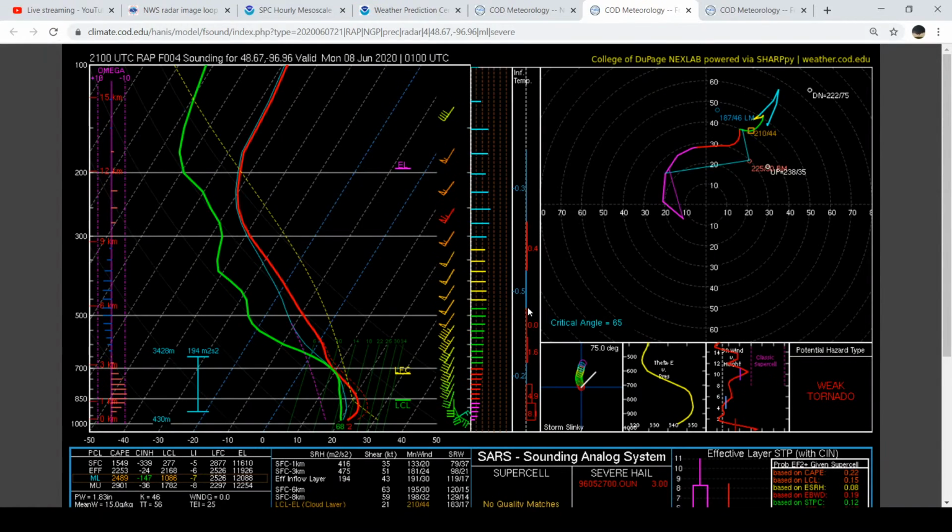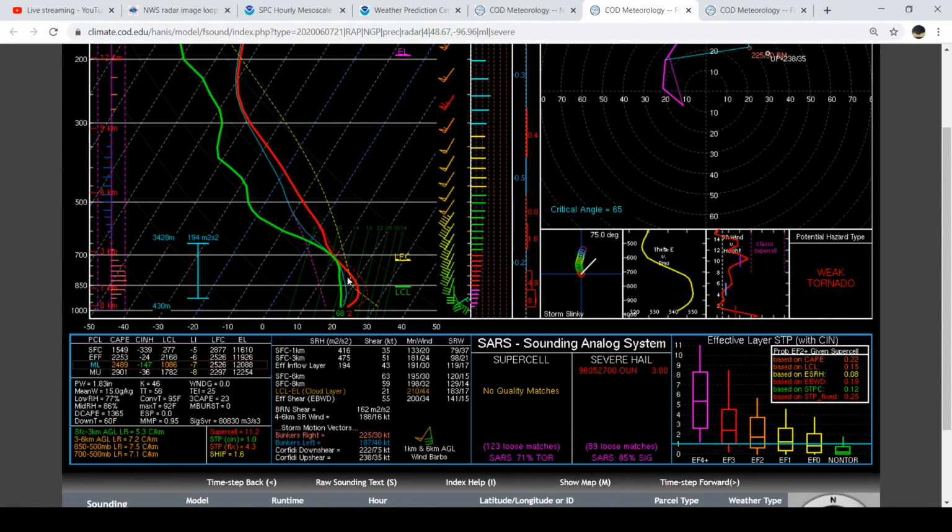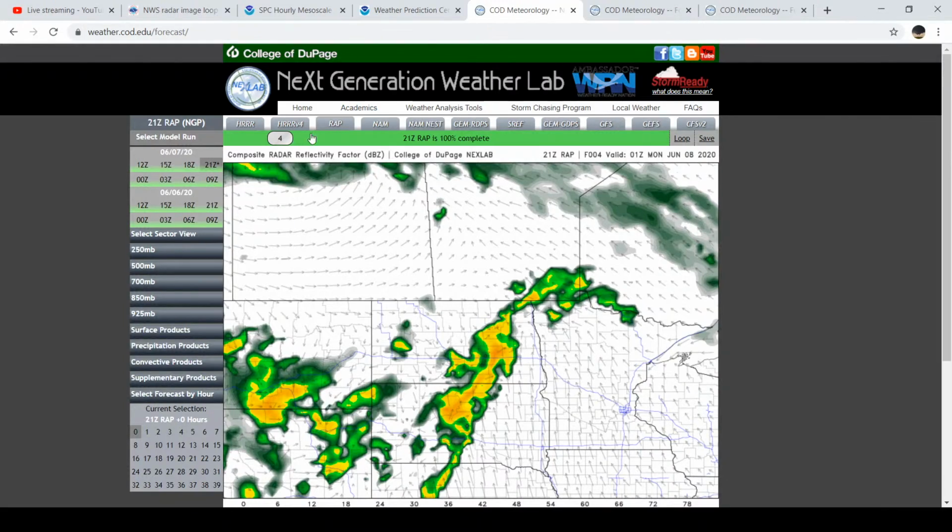Wait, tornado. Yeah, you can definitely see there's some sort of capping, or we see it's not surface based, so it's not getting effective inflow from the surface.